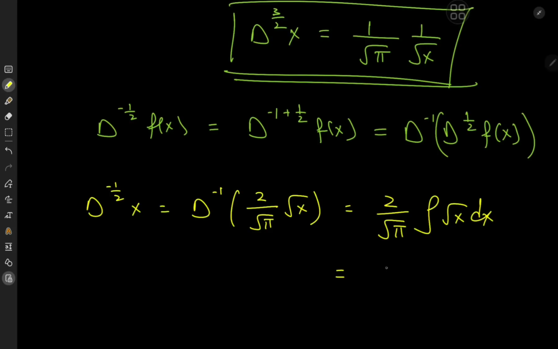So on integration, we have 4/3, and this root pi in the denominator times x to the 3/2. Yo, what the? So the half derivative, the negative half derivative operator, is more like a half integral operator.